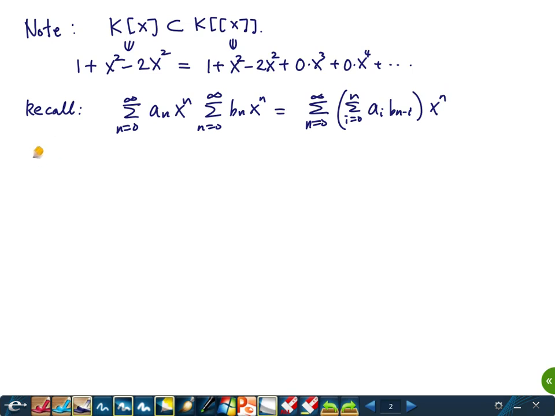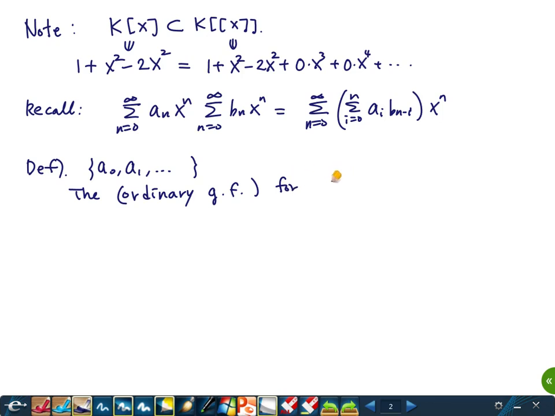So let's use this definition. When we have an infinite sequence, let's say this, the generating function, or ordinary generating function, for this sequence is just this. The formal power series whose coefficients are like this.